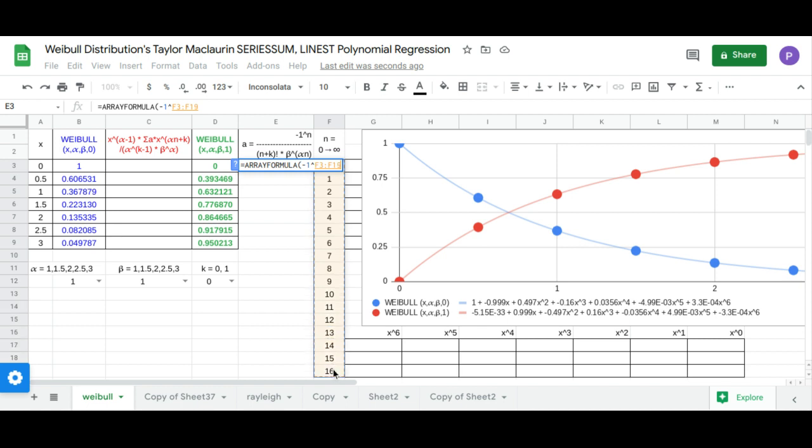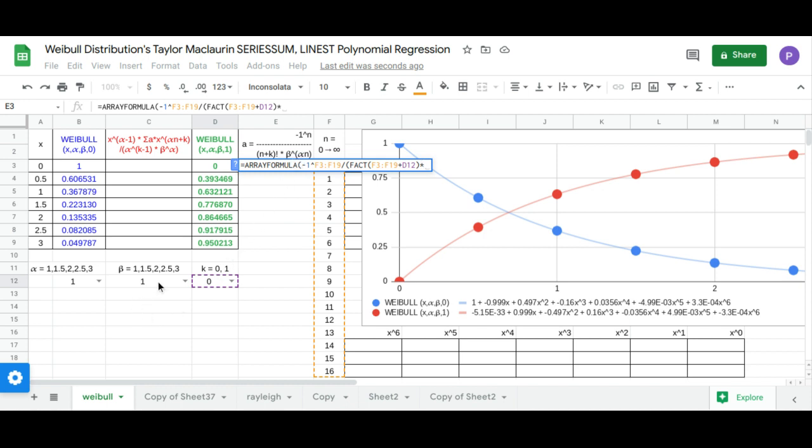That's for the numerator. Now the denominator. The denominator has two parts, factorial n and beta to the power alpha n. So factorial of n plus k times the second part, beta to the alpha n.